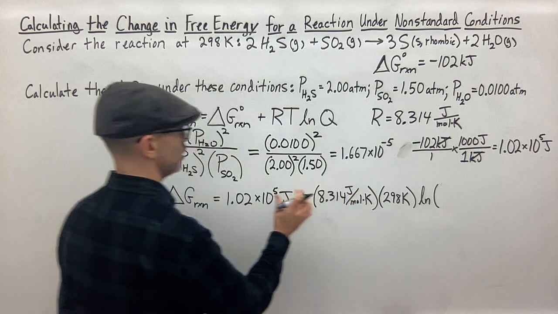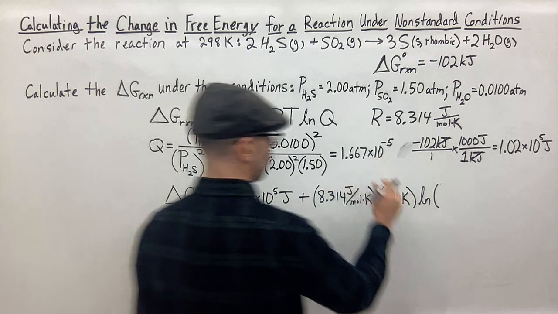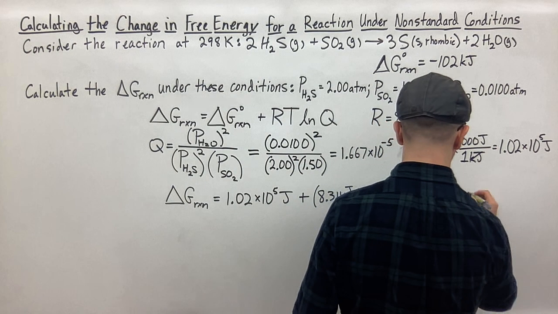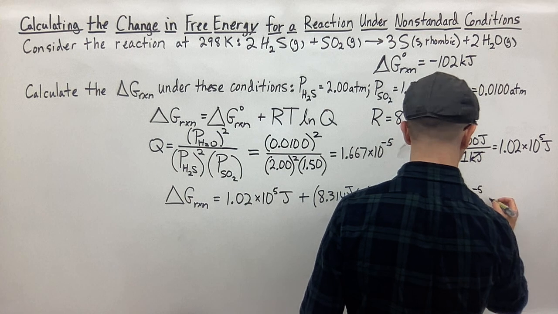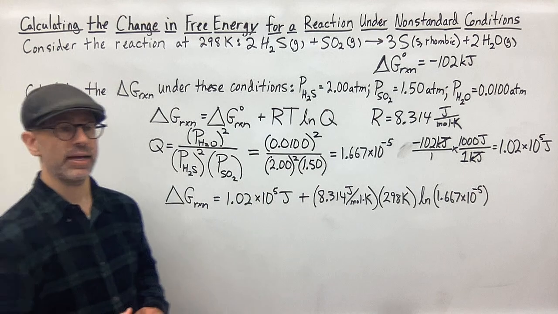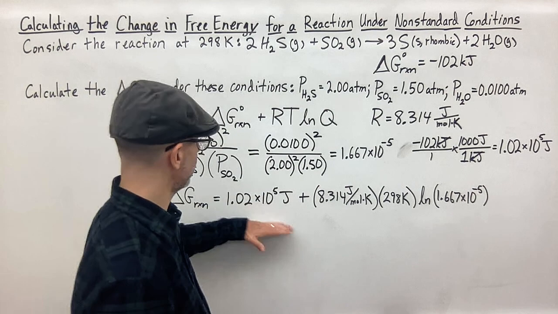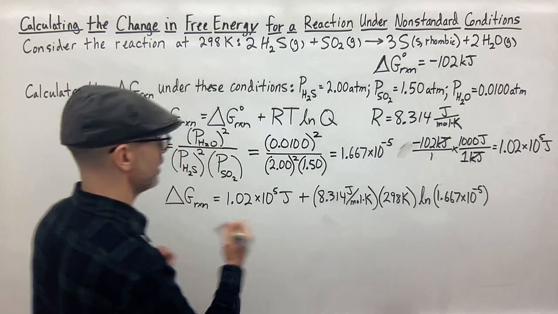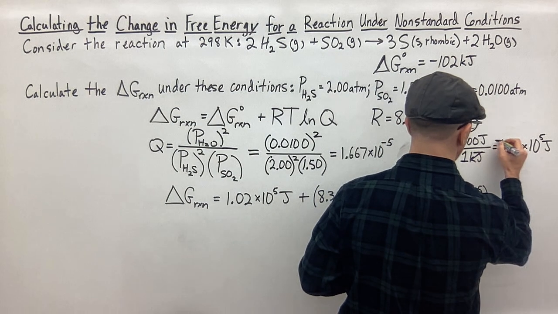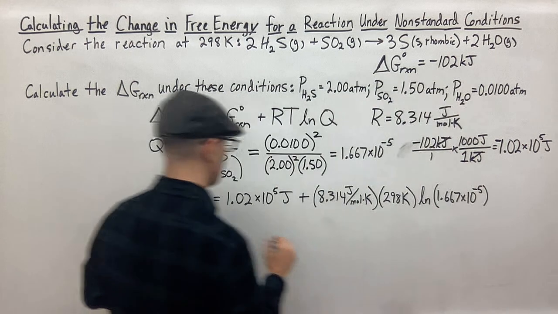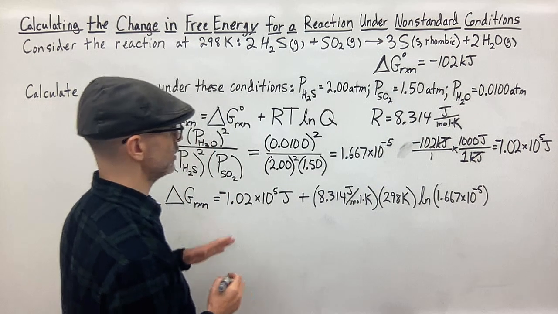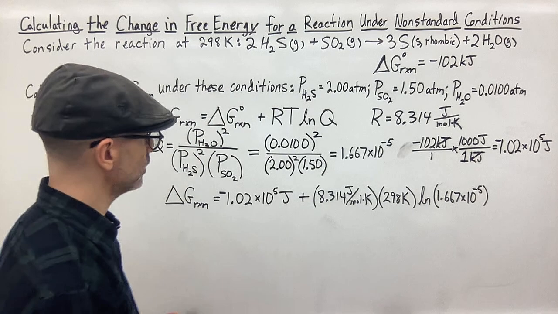So we calculated Q here, so that's going to be 1.667 times 10 to the negative 5th. And so now we have everything set up, and we just need to calculate our, oops, one thing I forgot, don't forget the negative here. You probably were at home saying, Mr. Cole, you forgot the negative. Yes, I did. So don't forget the negative. Okay, we got everything right now. So let's go ahead and calculate this out.